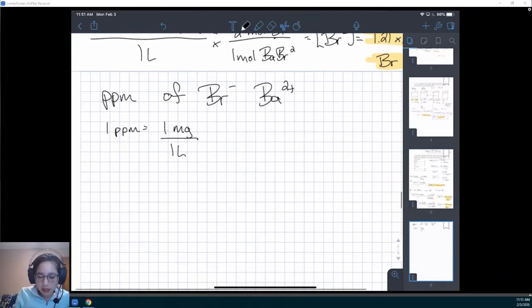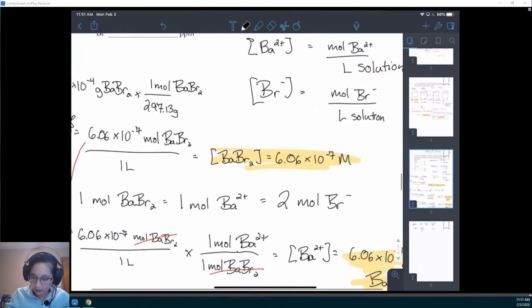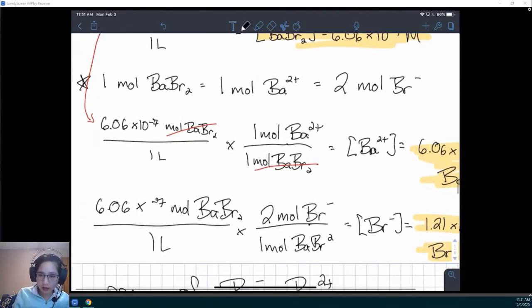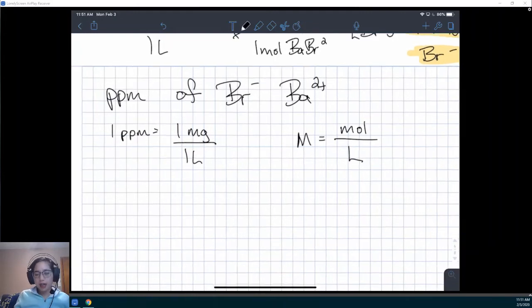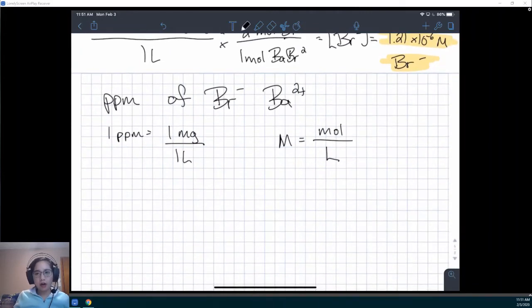So you can see the unit of molarity is moles of our substance over liters of our solution. So if we take the molarity of our ionic species and use the molar masses of each of them, we can get that into milligrams and get to a mass that resembles that of a ppm. So I'll show you how I do that here.